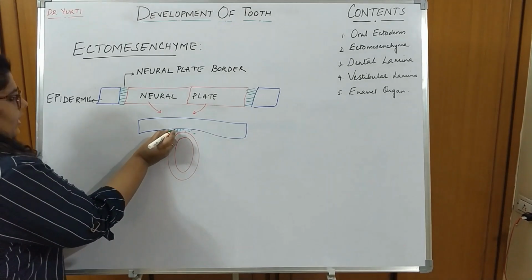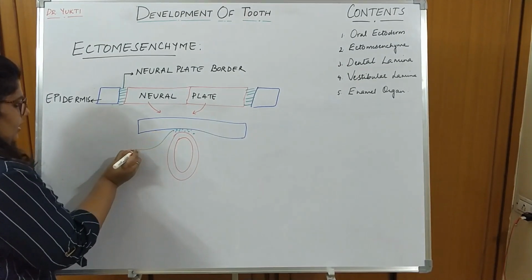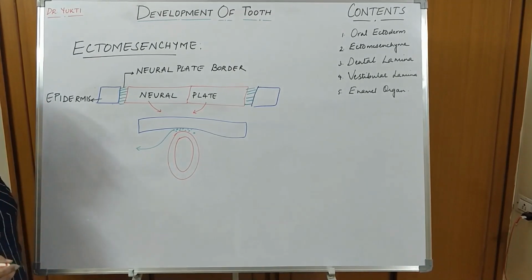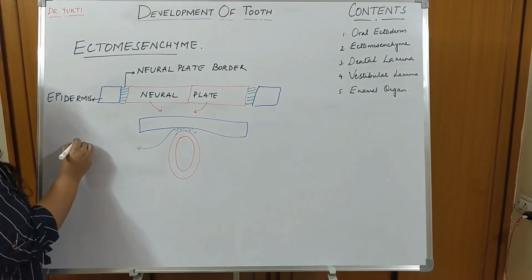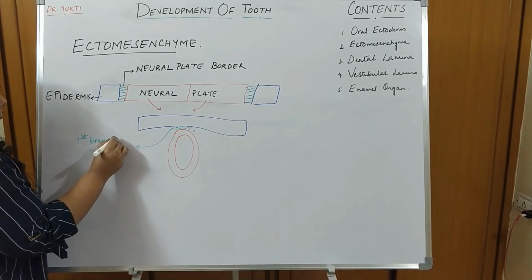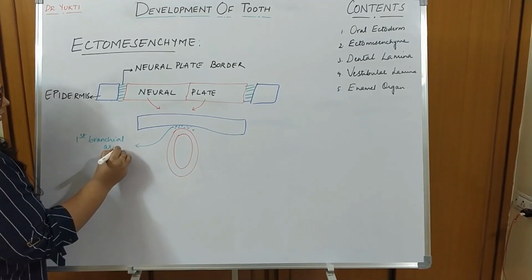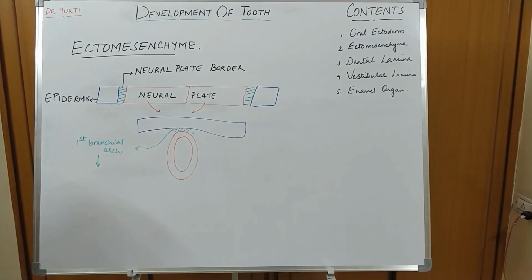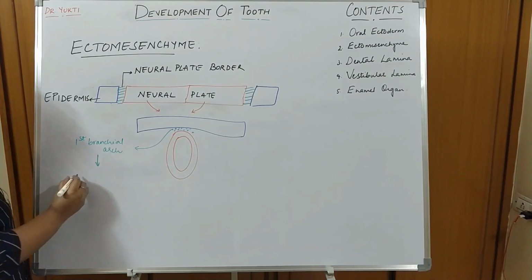That is what we are concerned about, so that is what I am going to specify. These neural crest cells, when they migrate to the first branchial arch, which is responsible for tooth formation, form the ectomesenchyme there.